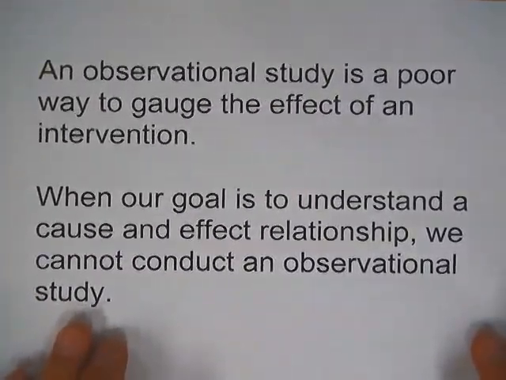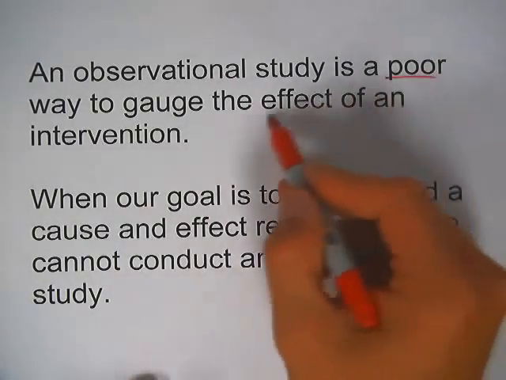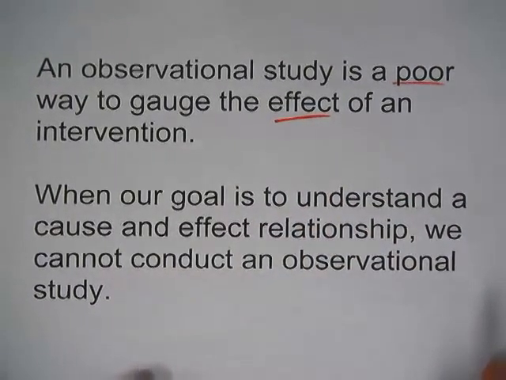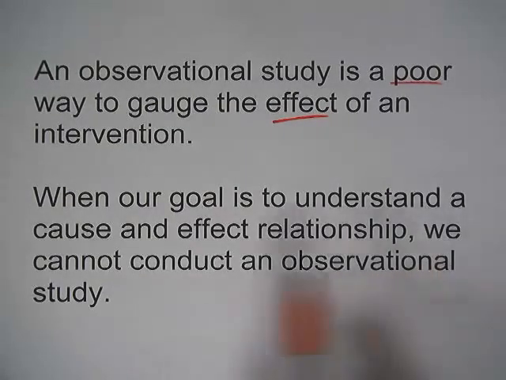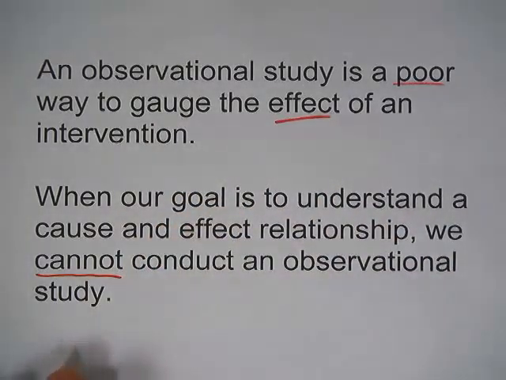Because of that, an observational study is a poor way to gauge the effect of an intervention. So when our goal is to understand a cause and effect relationship, we cannot conduct an observational study. We can observe what's happening, but we can't definitively conclude that there is a cause and effect relationship.